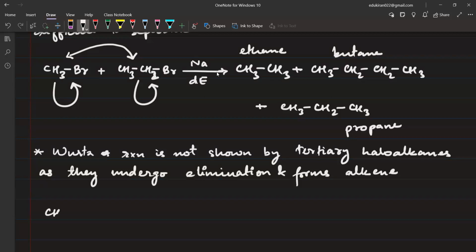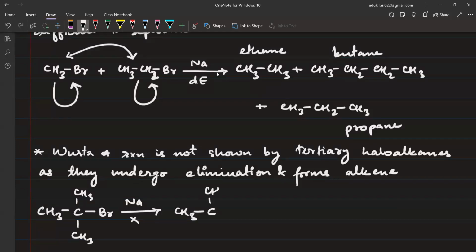So if I have a carbon with three CH3 groups and bromine, or any other halogen atom for that matter, in the presence of NaX, this is going to show an elimination reaction, and we will get CH3 bonded to carbon, the CH3 as it is, and then a double bond with CH2.